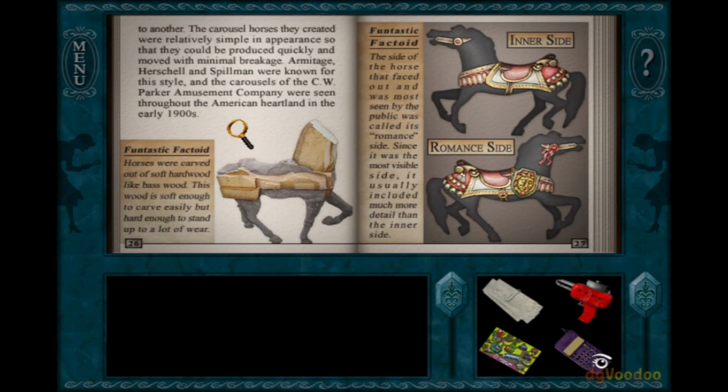The carousel horses they created were relatively simple in appearance, so that they could be produced quickly and moved with minimal breakage. Armitage, Herschel, and Spillman were known for this style, and the carousels of the C.W. Parker Amusement Company were seen throughout the American heartland in the early 1900s.